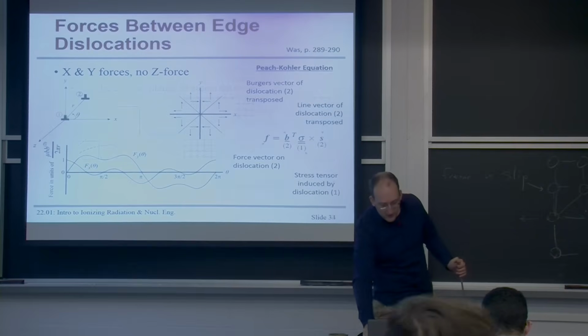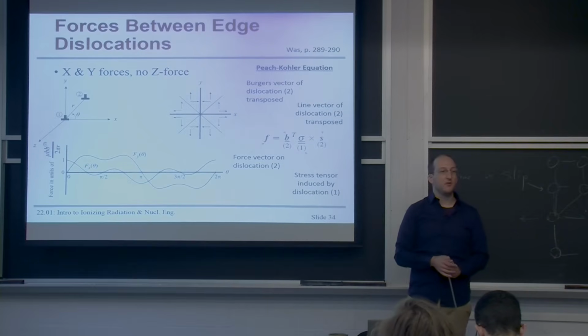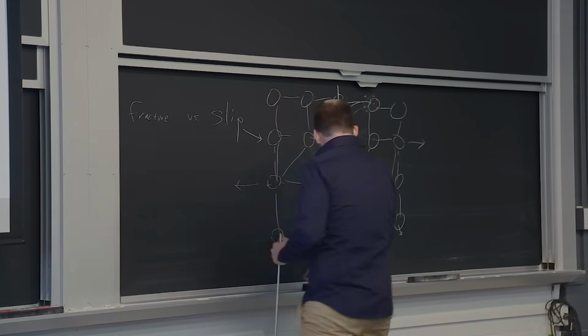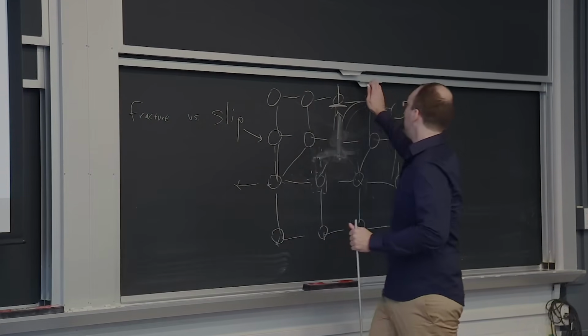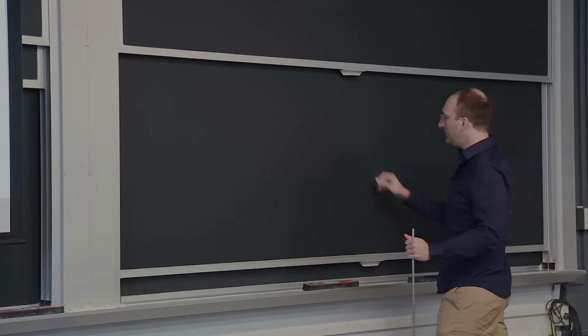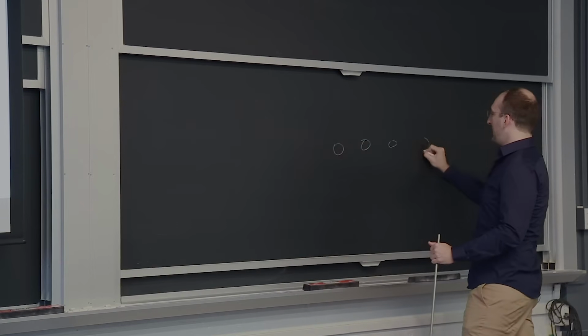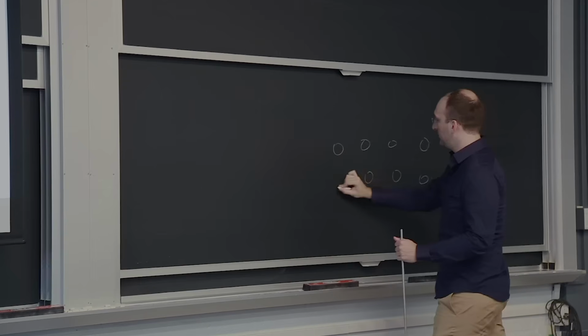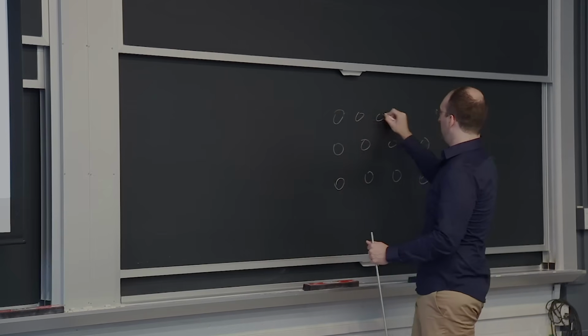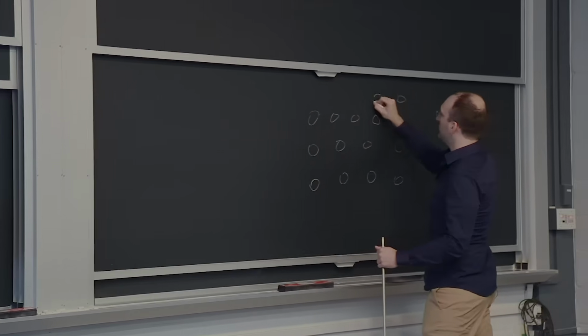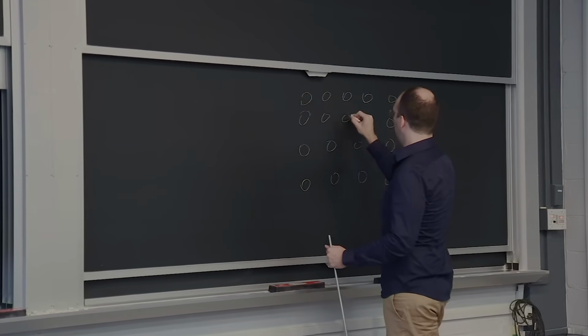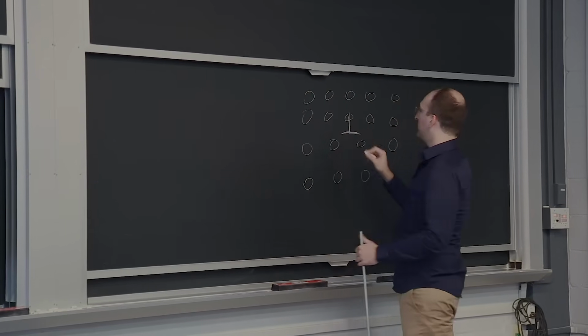And these dislocations can actually feel the force from each other. If I draw a clean one, because I think it'll be easier to see, if I draw a small lattice of atoms here, and then a dislocation core right there. Let's say that's our dislocation core.